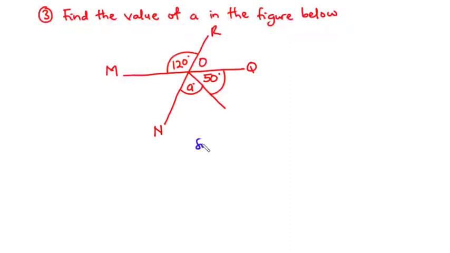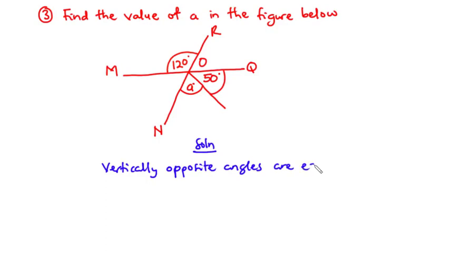So we say that vertically opposite angles are equal.